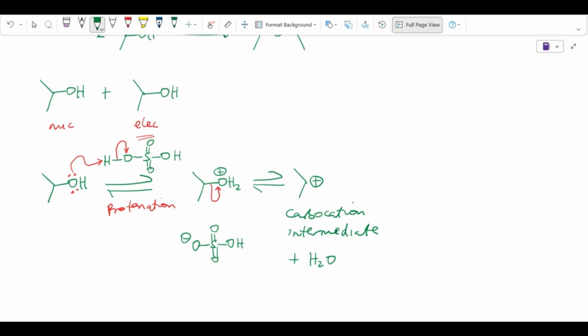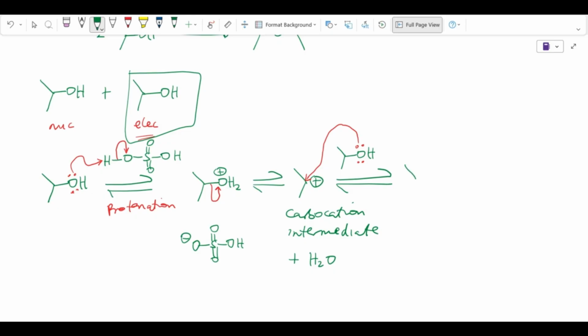So now that the electrophile has been made very reactive, we can now react that electrophile with the weak nucleophile. And of course, you know that we always draw curved arrows from an electron source, such as a lone pair. So the lone pair of the nucleophile. So we draw the curved arrow from that lone pair towards the electrophile, the atom that is electron deficient, which is the carbon in this case.